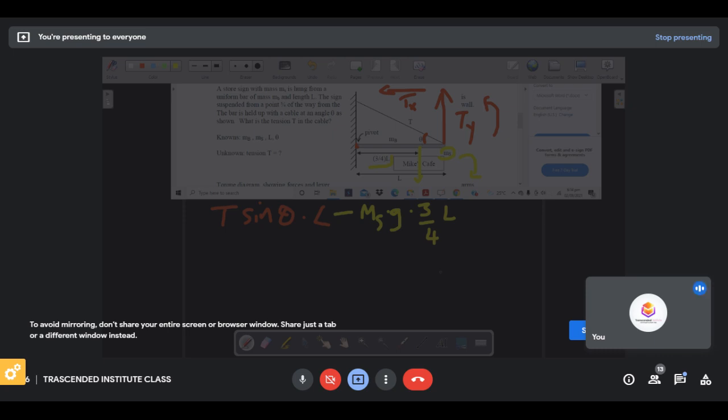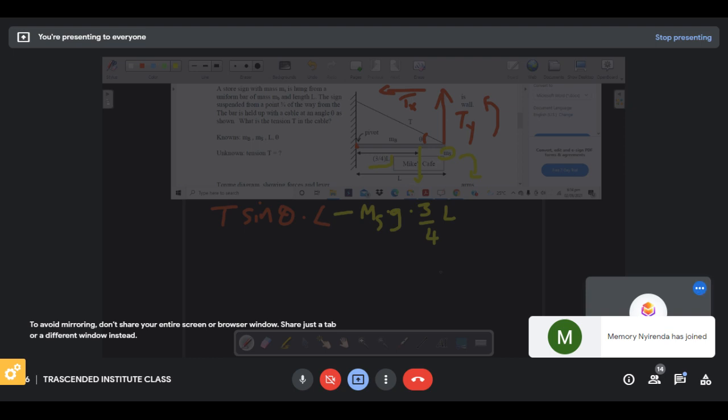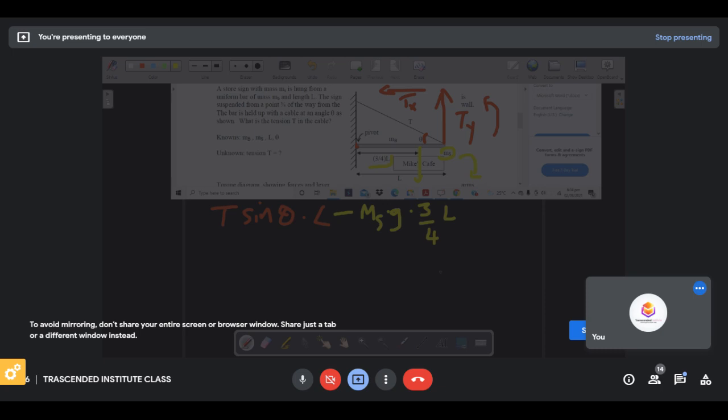The weight of the bar. Now we're told the total length of the metal bar is L, so we expect it to act in the middle, because it's the center of mass. Since it's also acting downwards, is it going to be clockwise or anti-clockwise?